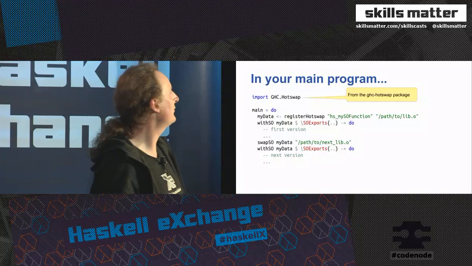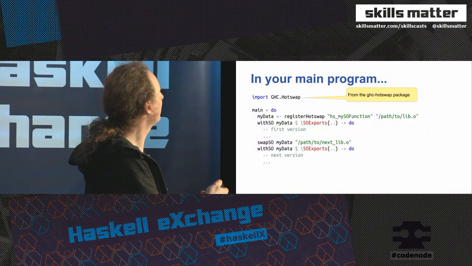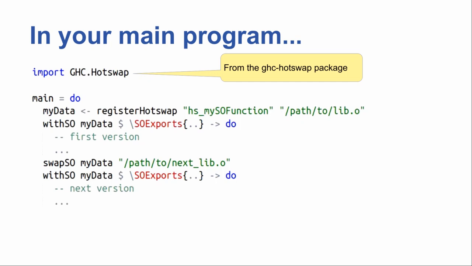So how do you actually use that? Well, this is the main program. The main program is going to say, first of all, I call this function register hot swap, and I pass it the name of that foreign exported function that's going to return my record of functions, and I pass it the file name of the object file to load, and that returns me a myData thing, which is an abstract type.